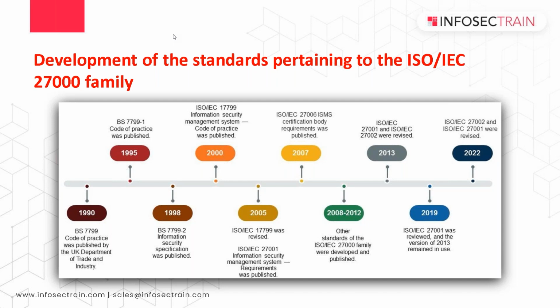Under those requirement clauses there are controls. In total there are 93 information security controls, and those 93 controls have been categorized under 4 groups. We are going to discuss this further down the line.